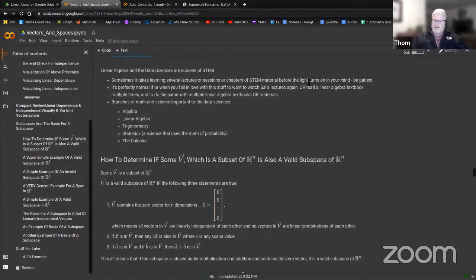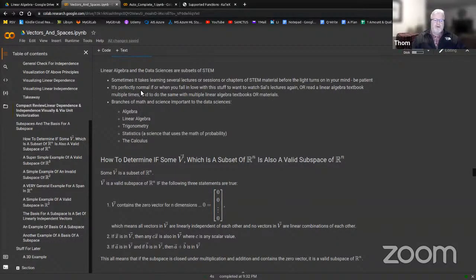And the material can be kind of confusing, even when you're reading a great novel. But after you've read the whole thing, if you read that novel again, you pick up more details the second time through. And that's very much similar to the way our learning sometimes needs to be in STEM. We've got to learn the whole thing once, and then when we go back and learn that early material that seemed kind of confusing, we see how important it was. So I'm asking y'all to be patient.